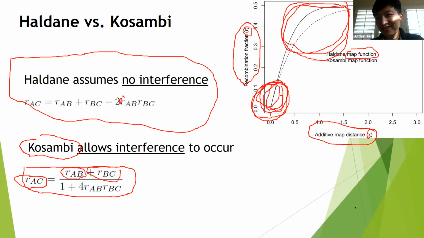Any questions? Is it better to always try Kosambi instead of Haldane, because we don't know if they have interference or independence? Yes, I would do that, because Haldane is the basic, fundamental model. It was the first one.